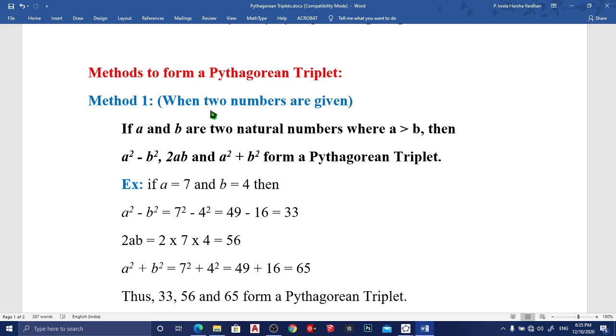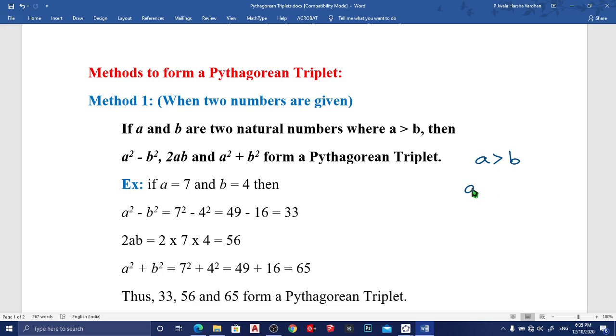See here, when two numbers are given, if a and b are two natural numbers where a is greater than b, that is the first condition: in the given two numbers, a should be greater than b.